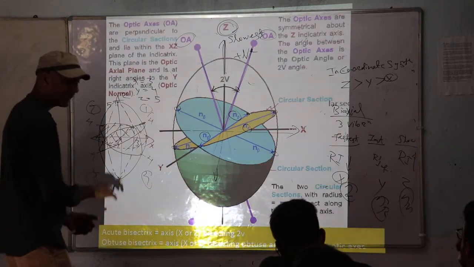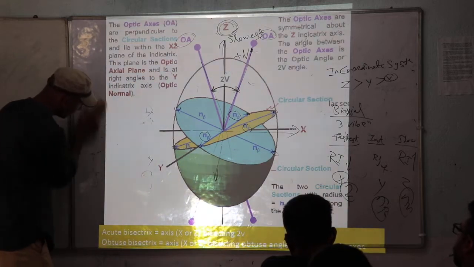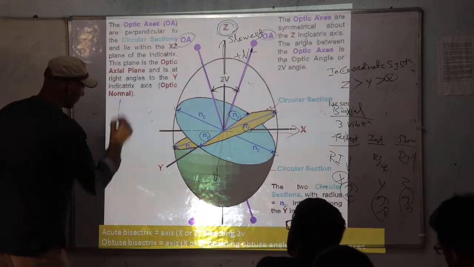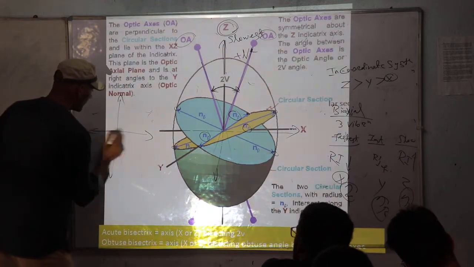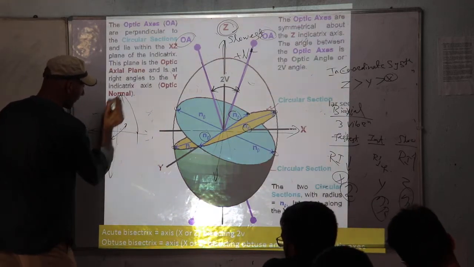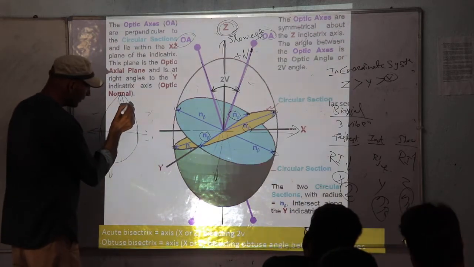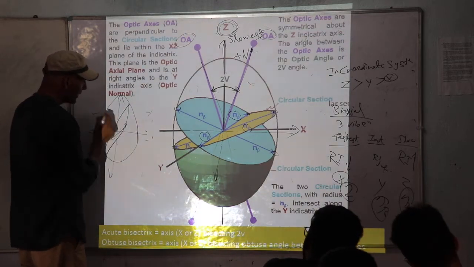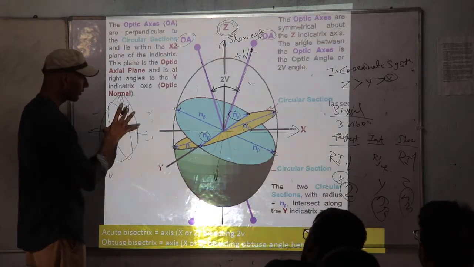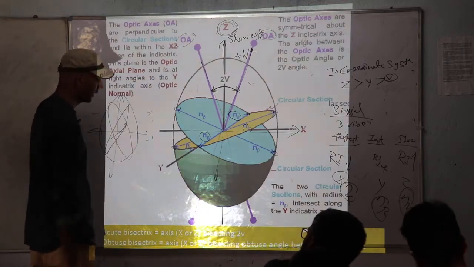Okay, if I get the circular sections, this is Z, this is X, this is Y. If I am getting circular sections like this, that means close to Z. If I get a circular section close to X, then the optic axis is close to Z, because they are perpendicular.